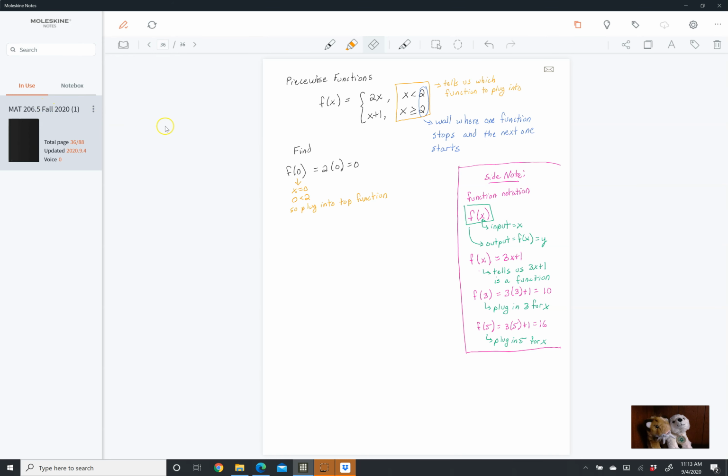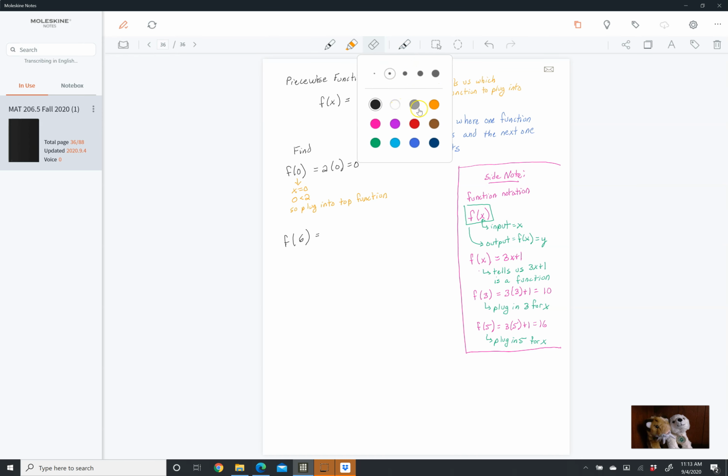Okay, let's do another one. Let's say that we have f of 6. So we have to know which function to plug into. Well, is 6 less than 2, or is it greater than or equal to 2? It's not less than 2. It's greater than or equal to 2.